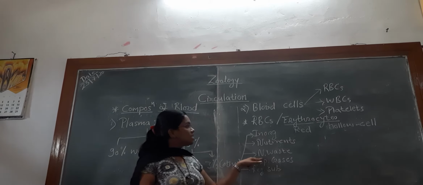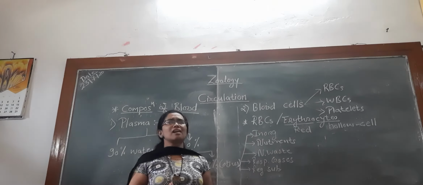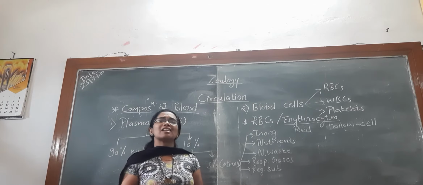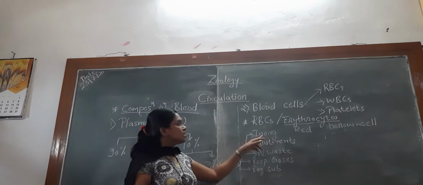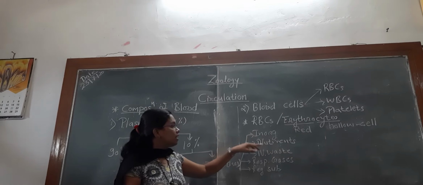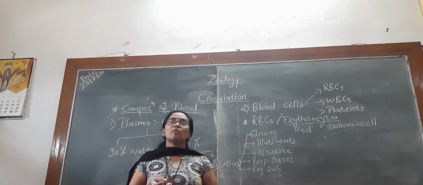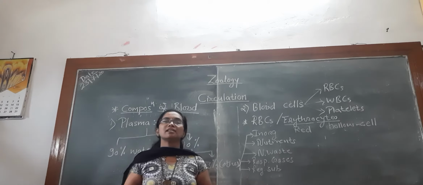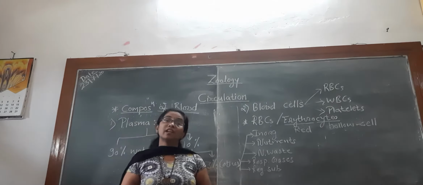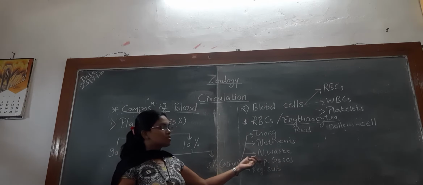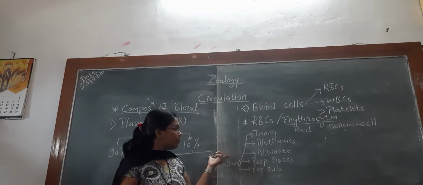Similarly, inorganic substances are free ions: sulfate, phosphate, calcium, chloride and magnesium, present in plasma. Third, nitrogenous waste is found in the form of ammonia, urea, uric acid and a very small amount of creatinine. Again, these nitrogenous wastes are present in the plasma.